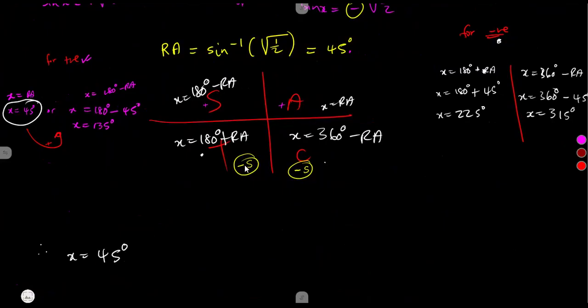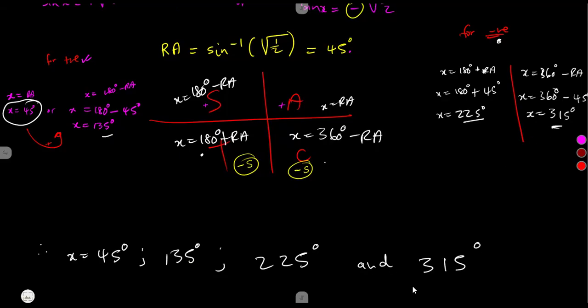Or you can have it as a solution set, x is equal to, no problem. Or you can just list them: 45, 135, followed by 225, and also 315.